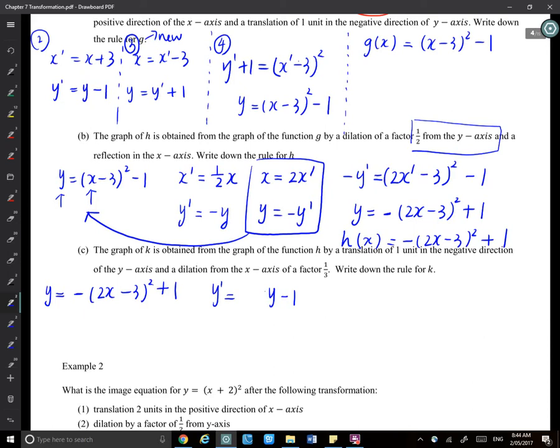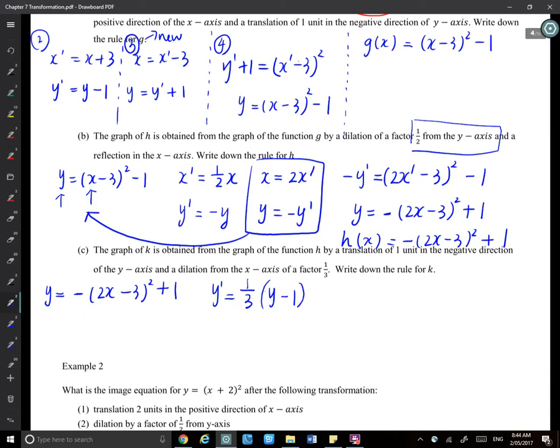So the order of transformation is the same as your calculation order. How to do calculations will be the same as the order in which the transformations happened. So y minus 1 happened first, and then you have a dilation by a factor of a third. So y minus 1 needs to be in the bracket, and then make a dilation there, then times a third, because y minus 1 becomes your original input now.